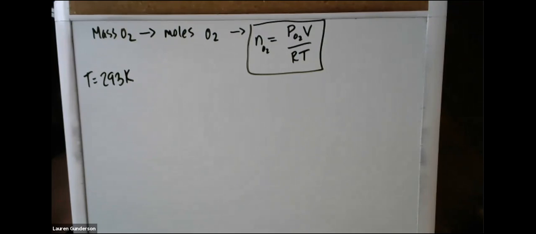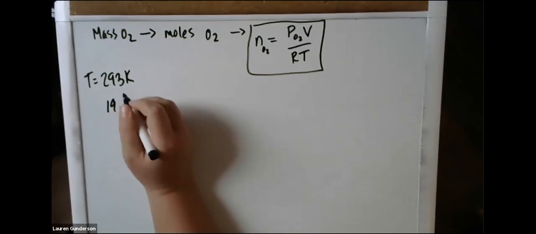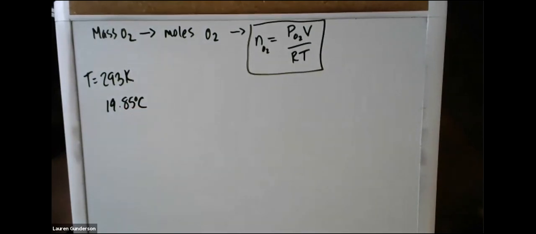So we really quickly want to know what this temperature value is in Celsius so that we can figure out the vapor pressure of water at this temperature. So we'll do 293, take away 273.15, and we get 19.85 degrees Celsius. Okay.